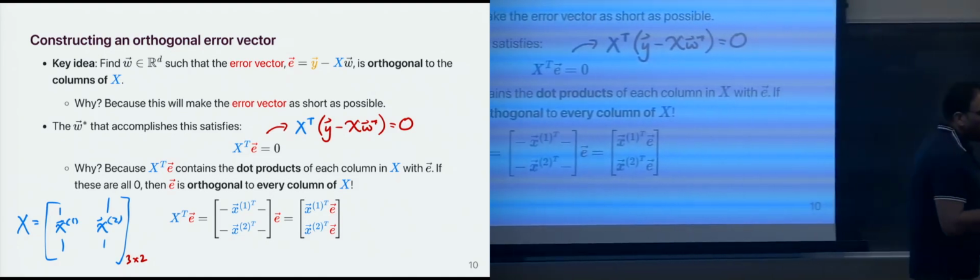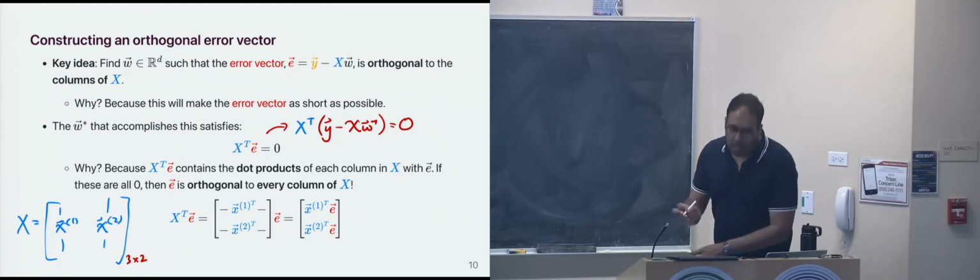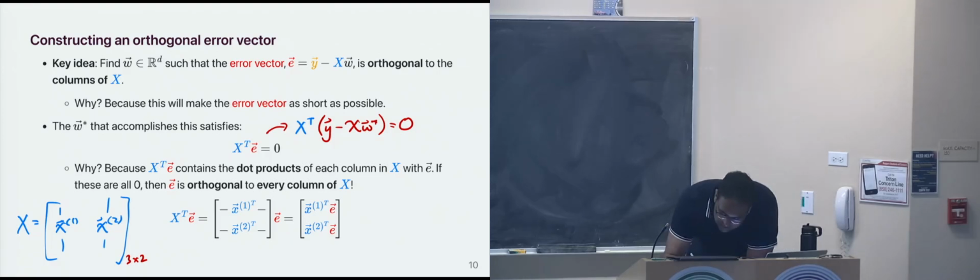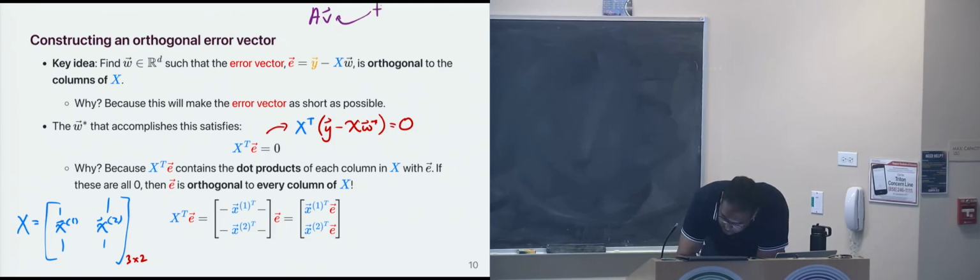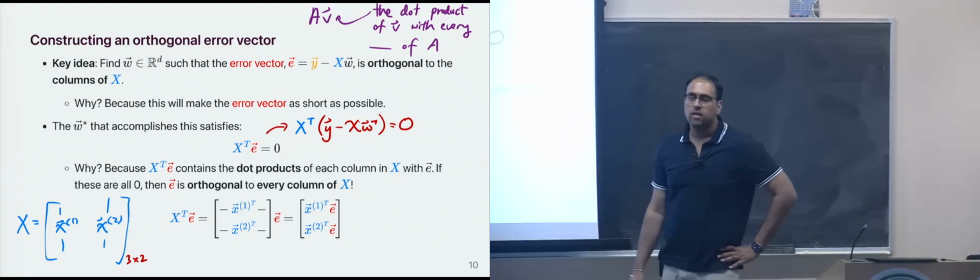And recall, when we introduced matrix vector multiplication, we saw that something like AV is the dot product of V with every blank of A. What goes in the blank?